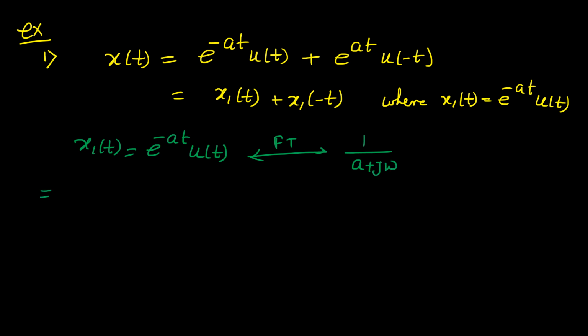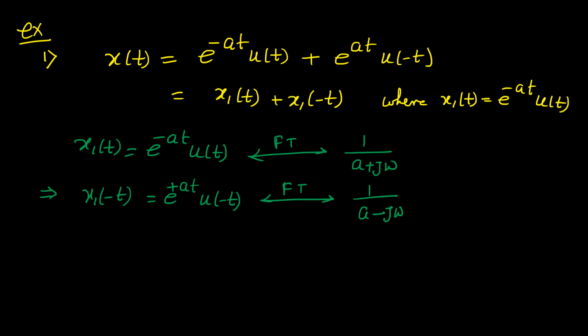So using the time reversal property, x1 of minus t, meaning e to the power at u of minus t, its Fourier transform is 1 upon, where you should replace omega by minus omega. Here a remains the same, and omega is replaced by minus omega, so it becomes a minus j omega.